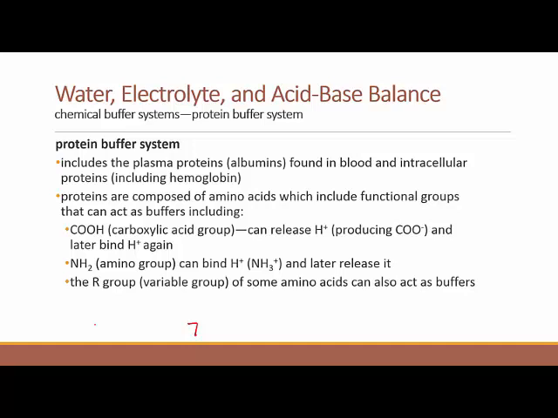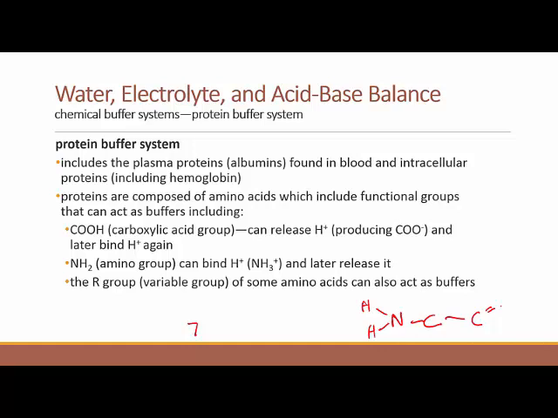Protein buffer systems are provided because, and this is a super cool thing, if you recall, and you can find this in Chapter 2, so if you're trying to see what the structure of an amino acid is, go back to Chapter 2. An amino acid is a carbon. It's bound to an amino group. It's an N with two H's on one end, and a carboxylic acid on the other end.